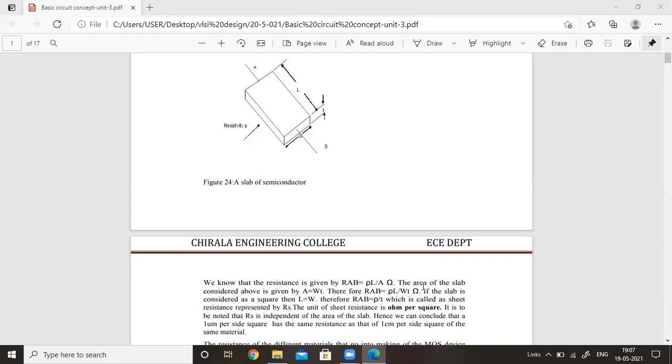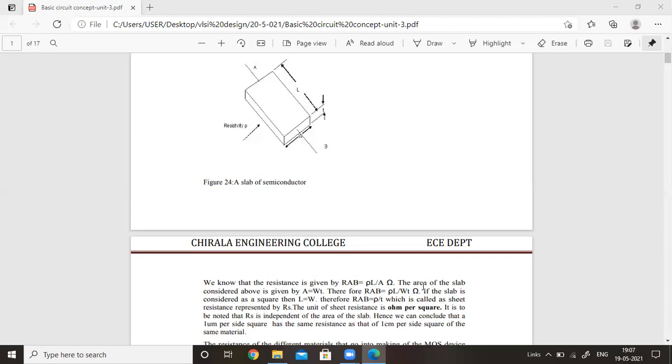And we know that the length to width ratio is something we have already seen in the first chapter, when determining the pull up to pull down ratio, where we have Z pull up and Z pull down. What is Z pull up basically? The Z value is the length to width ratio of the transistor.